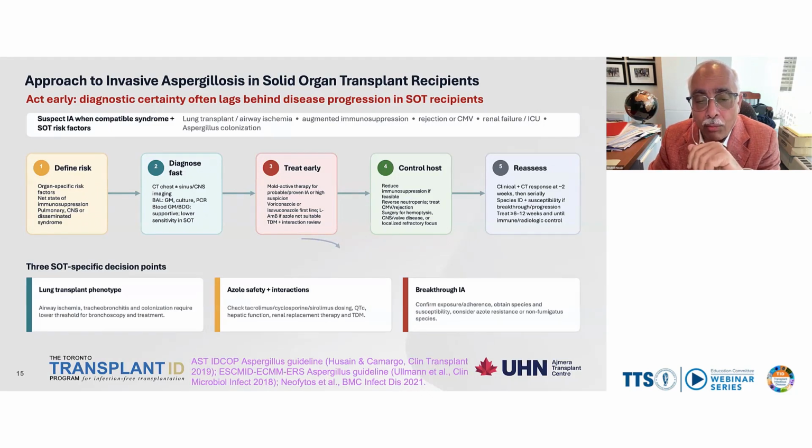For voriconazole especially, TDM is highly recommended. One thing that we are seeing in the advent of universal prophylaxis is breakthrough IA among patients receiving universal prophylaxis, and the incidence ranges from 3 to 6%.